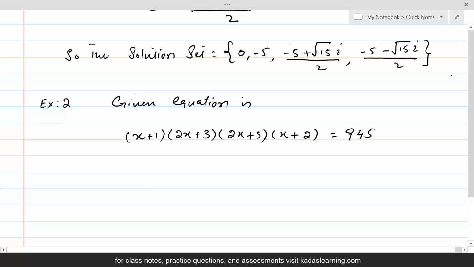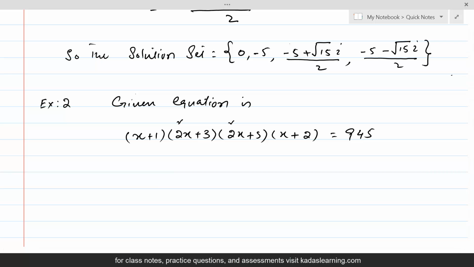This question is exactly similar to the ones we did before. There is only one difference that I would like to explain: here the coefficient of x is 2, and this coefficient of x is 2 here, while in the standard form there was no coefficient of x.